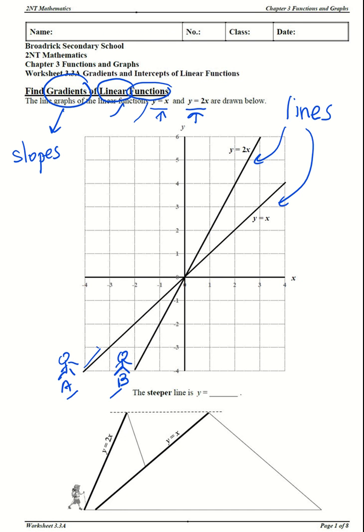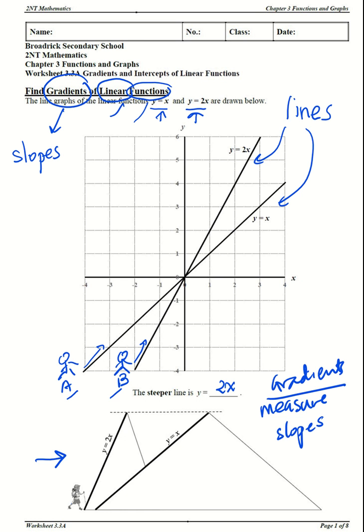If I go this way compared to B going this way, I think person B will have a harder time, because it's steeper. So y equals to 2x is the steeper line, just like in this particular diagram. That's what slope means, and we are going to learn how to measure slopes. That's what gradients are all about.